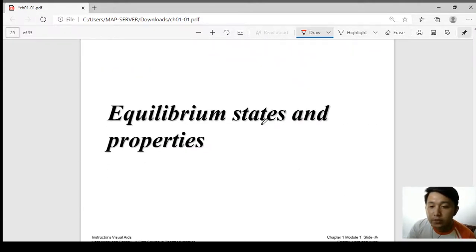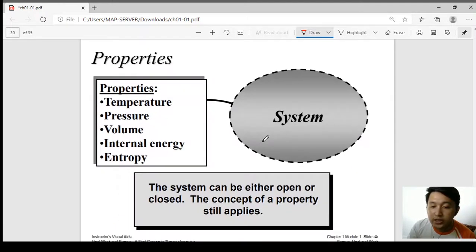So we have the equilibrium states and properties. Just like what I said, a state is a condition of a system at a specific time, described by its properties. So what are its properties?